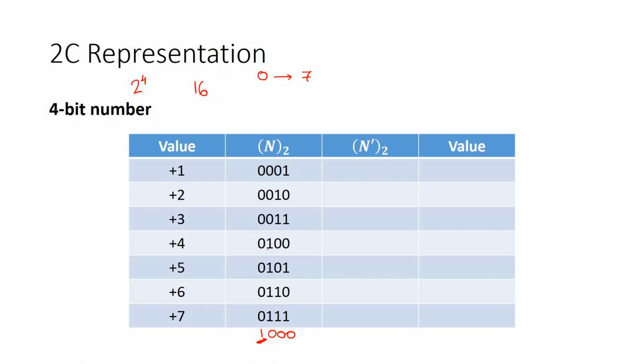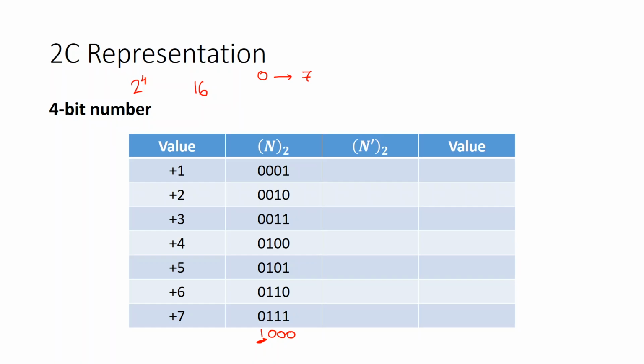If you are given any number in the second column and you are told that these numbers are in 2's complement representation, you would very well know that this is the same as the sign magnitude representation. So you will be able to figure out the value represented by this number: you look at the MSB and see that it is 0, so it is positive, and the rest of the number gives the magnitude, which you will be able to figure out.